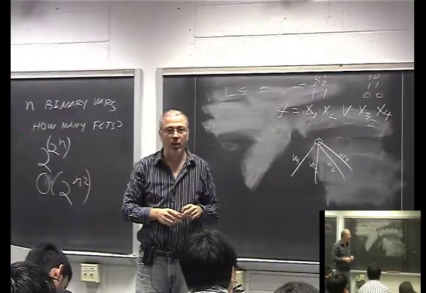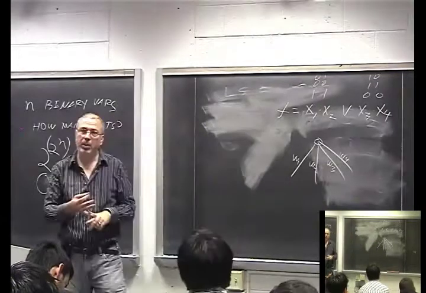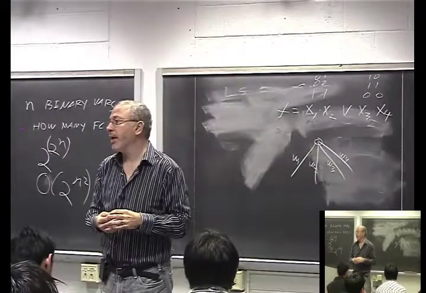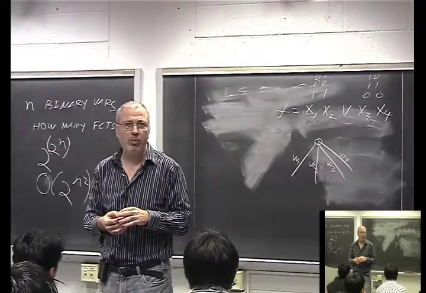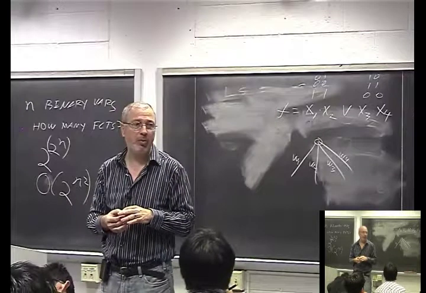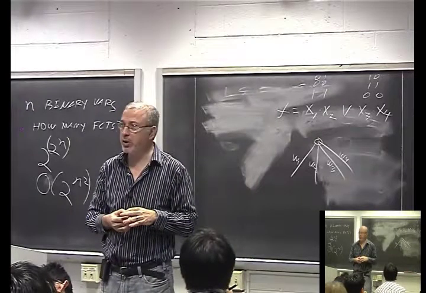Okay, so let's go back to neural networks. So we talked about threshold functions, or linear separable functions, or perceptrons. And the last thing I think we talked about was a network of perceptrons. What do you gain by having a network of perceptrons? What do you gain in terms of representational power? Did we reach a conclusion?